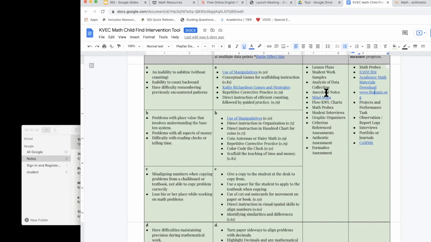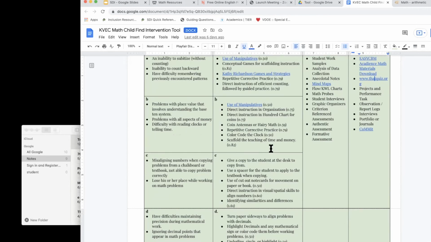Again, on here, Easy CBM is there. That's another resource. You can pay for some, but there's a lot of things that are for free, so it's a good thing to use. One of the things that most people don't think about is color coding the clock. Also, by color coding the clock, you get into fractions, which is wonderful.